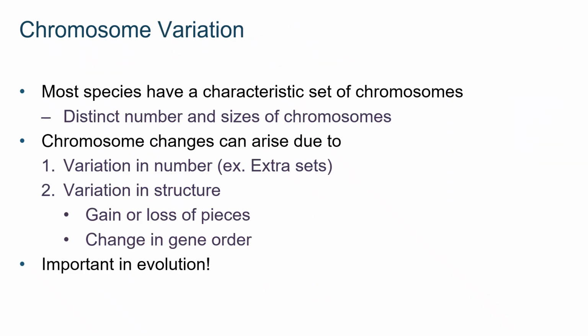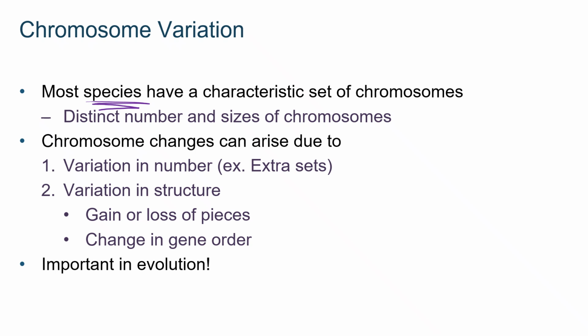We're going to go through a couple of different types of chromosome variation, but we need to start out by talking about why chromosome variation is important. And that's because every species has a characteristic set of chromosomes. They have a distinct number of chromosomes, and each one of those chromosomes has a particular size and shape based on the genes and the number of genes that are residing on that chromosome.